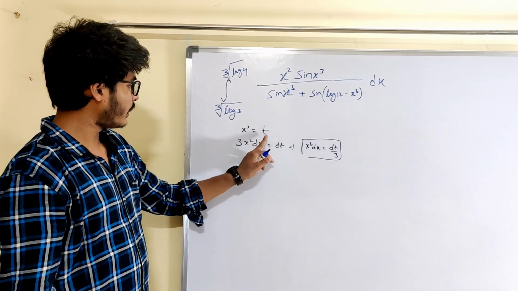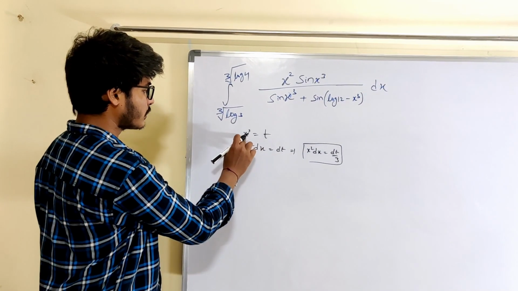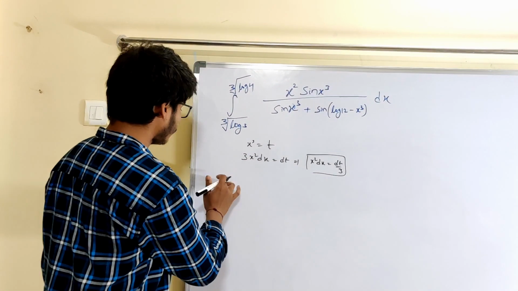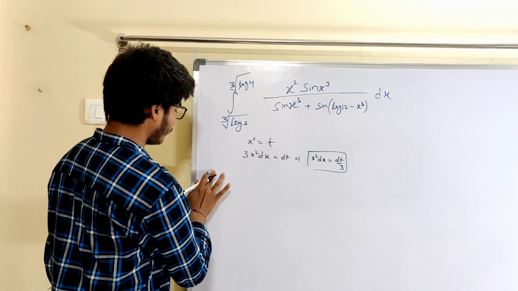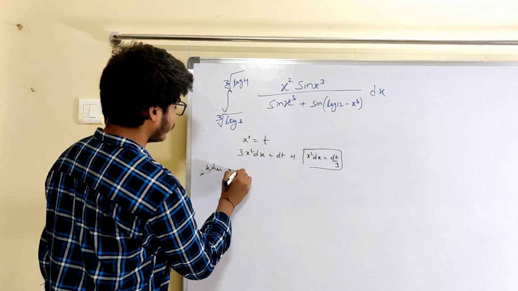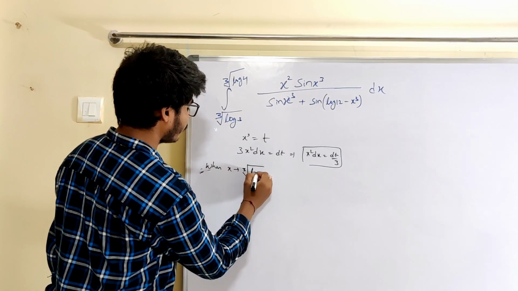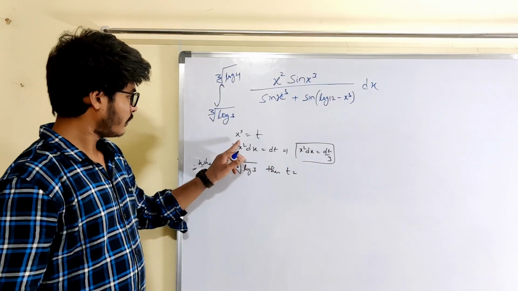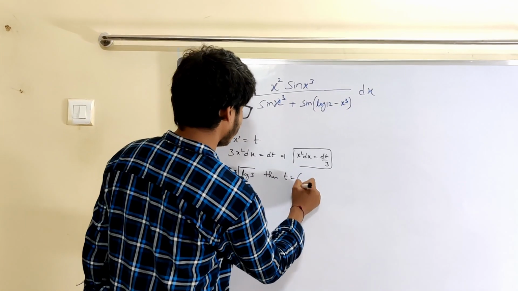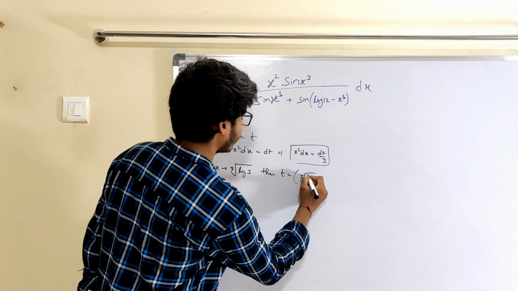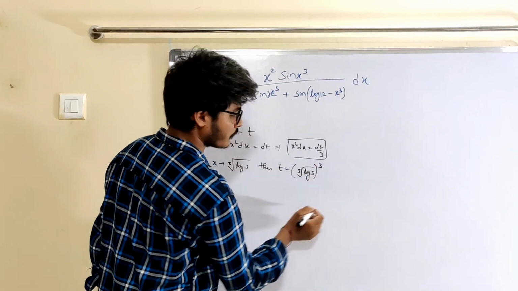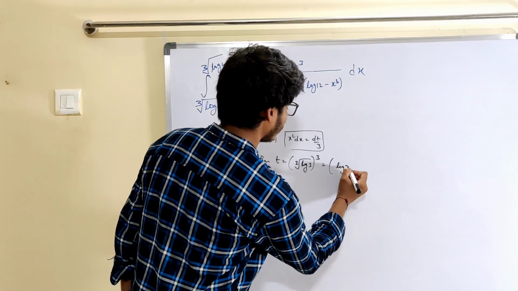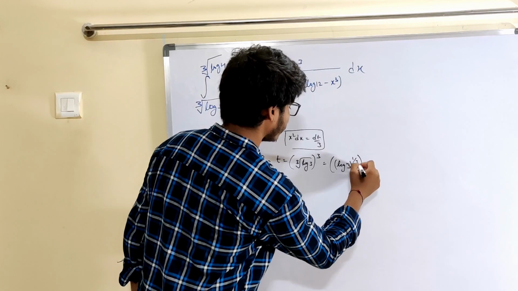Now we have to find limits for t. Since x cube is equal to t, we have to substitute the x limits here, so we will get the t limits. So when x is cube root of log 3, then t equal to x cube, so we substitute cube root of log 3 whole cube, which can be written as (log 3) whole to the power of 1 by 3 whole cube.